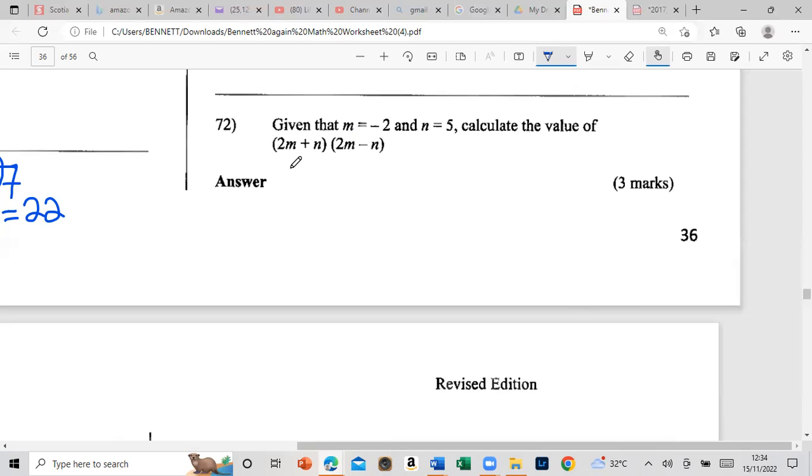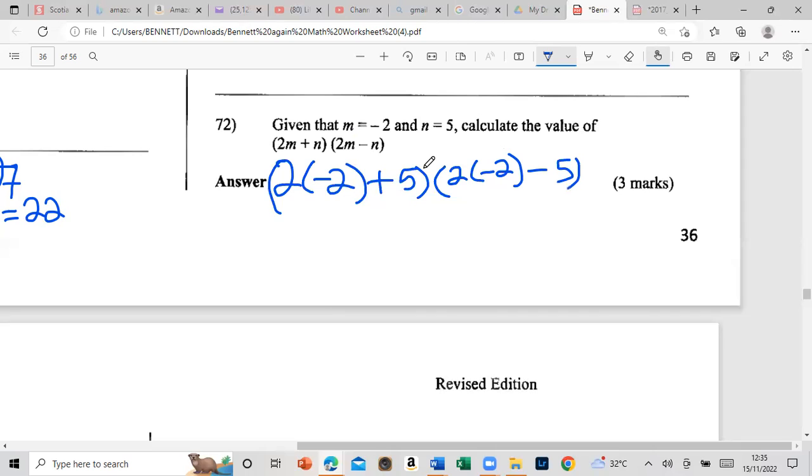So the value of m is negative 2. Let's put that in. So it's 2 times negative 2 plus n, which is 5. And this is going to be the same thing: 2 times negative 2 minus n, which is 5.